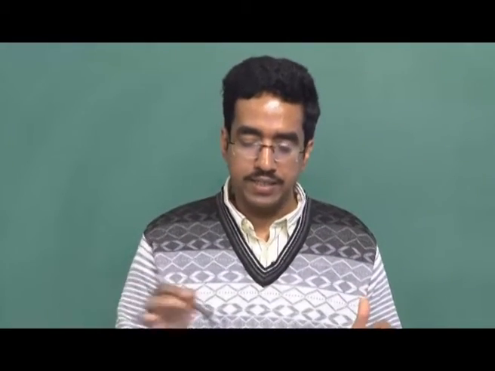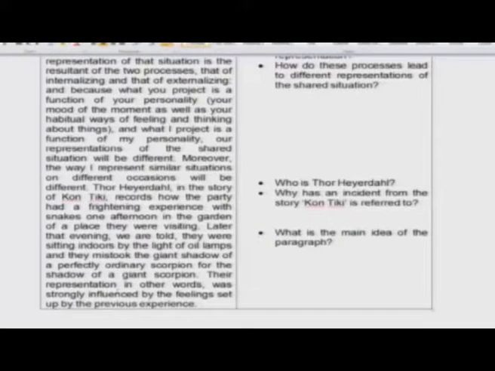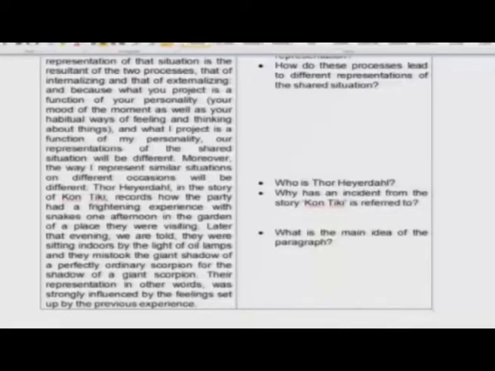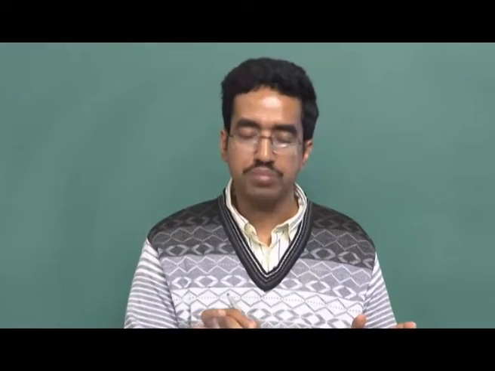So, here the writer uses this to make a point, somewhere up if you go. Moreover, the way I represent similar situations on different occasions will be different. So, here their representation of this ordinary scorpion was greatly influenced by their previous experience. Had they not had that frightening experience with snakes, probably this also would have been different.